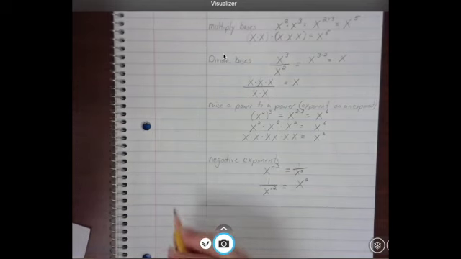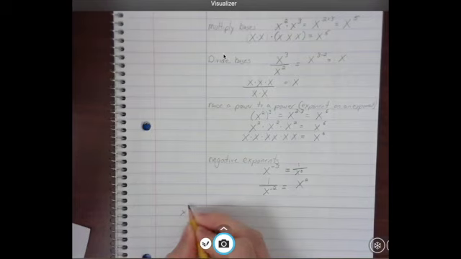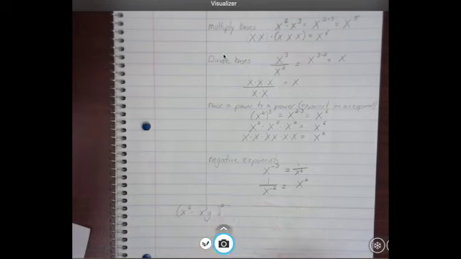So if you're using x and y, maybe have x squared times x to the third y, and then maybe go ahead and raise that all to the second power as well.